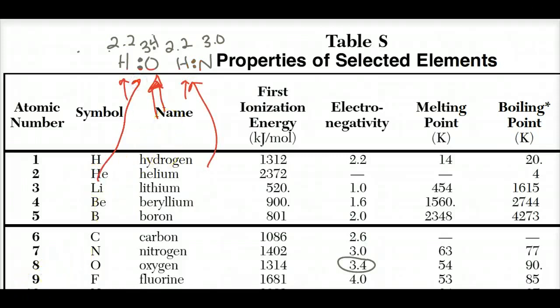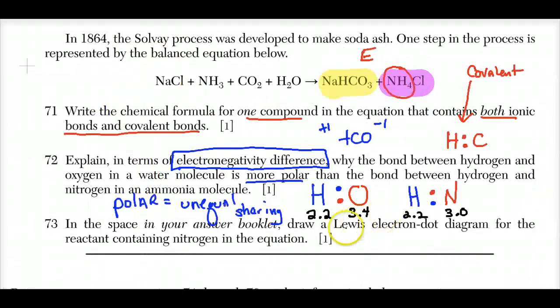Okay, so it's back to the problem again. So now that I wrote in the electronegativities, you can see that they want you to explain in terms of the difference. Well, there's a greater difference. 3.4 minus 2.2 is going to give us, what, 1.2. It's a big difference in electronegativity.